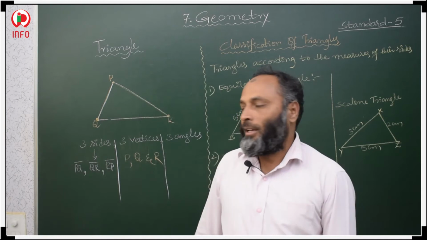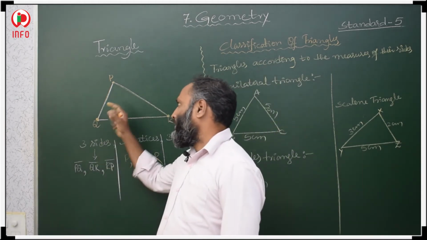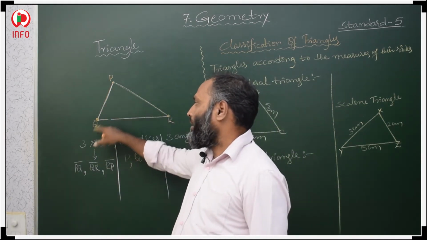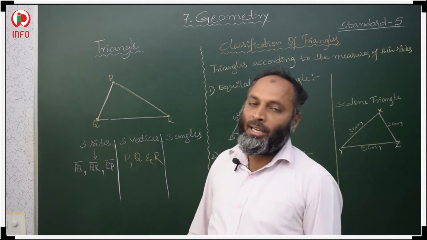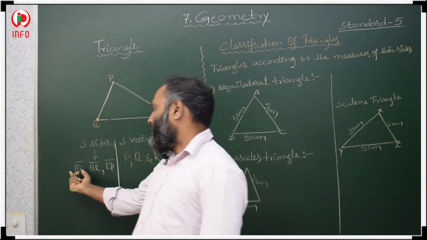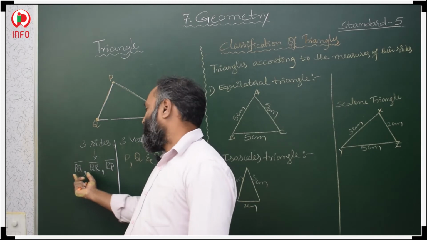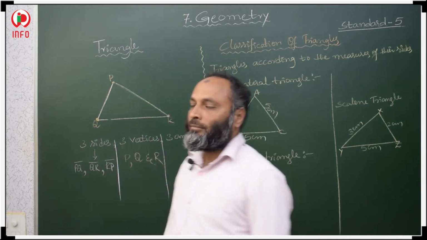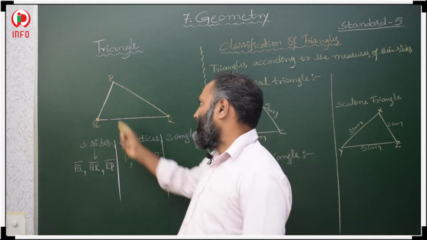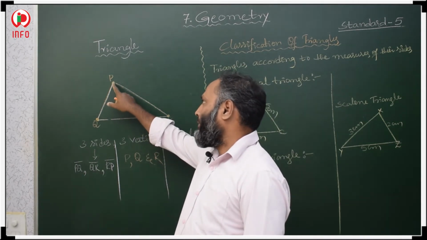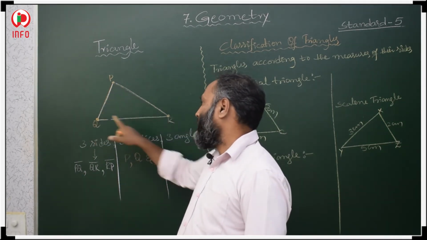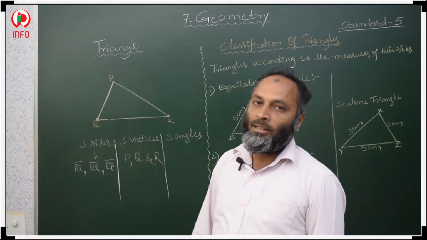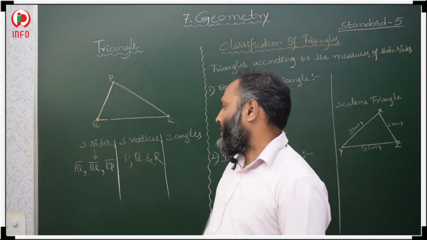Sides we show using 2 alphabets: PQ, QR, and RP. And for vertices we take a single alphabet: vertex P, vertex Q, and vertex R. These are the 3 vertices and 3 sides.